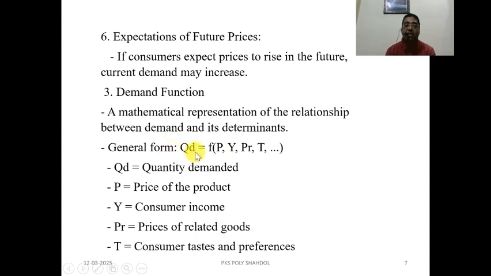Here QD is the quantity demanded, taken as a function of the determinants which directly affect it. P is the price of the product, Y is the consumer income, PR is the price of related goods, and T is consumer taste and preference. Whatever determinants we saw earlier, we take here as a function of QD.